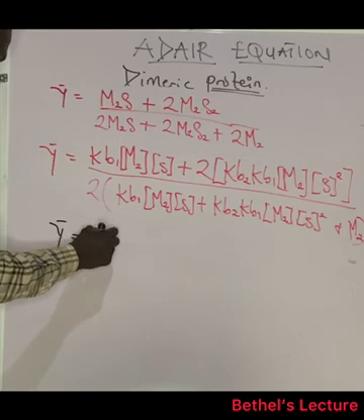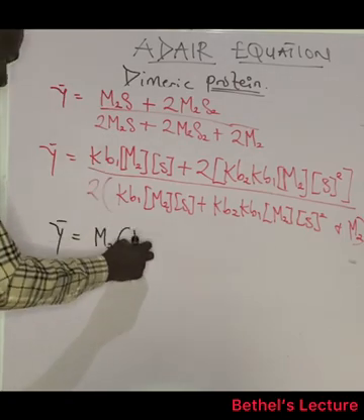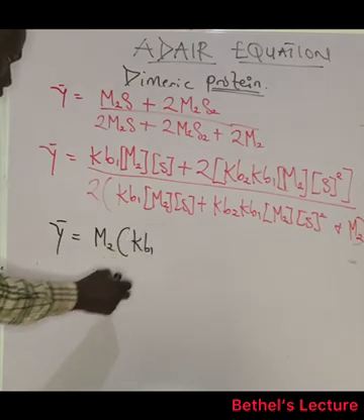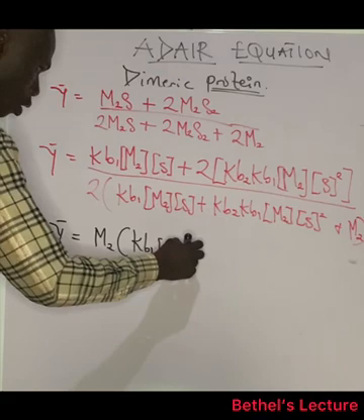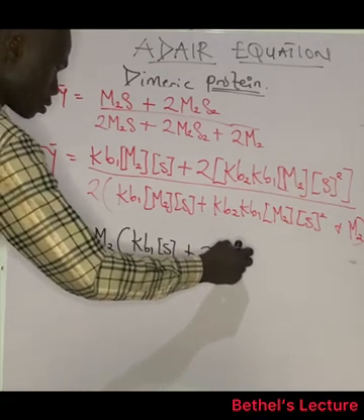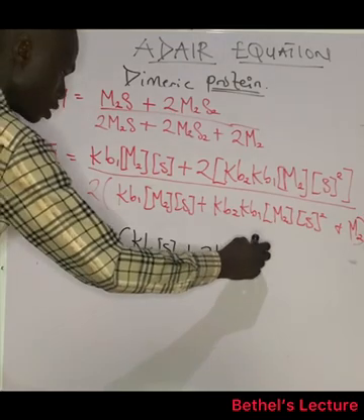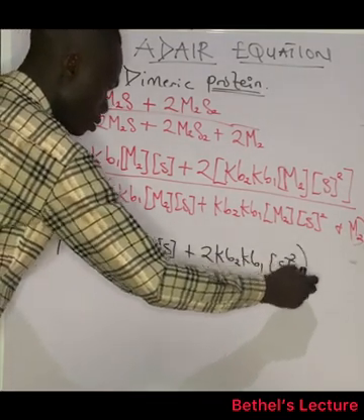So we have M2 open bracket. What is left? KB1 S plus 2 KB2 KB1 S squared.